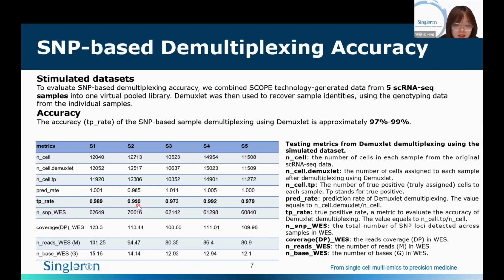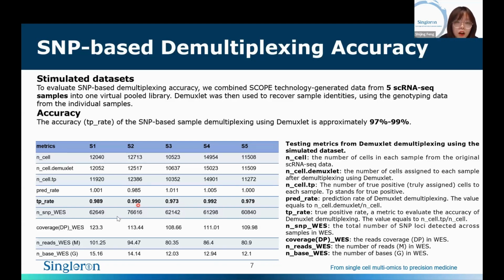Also, because this is a virtually pooled library, there should be no multiplets from different samples. So let's say the percentage of multiplets is 5% and we account for this multiplet effect, the accuracy is still over 90%.